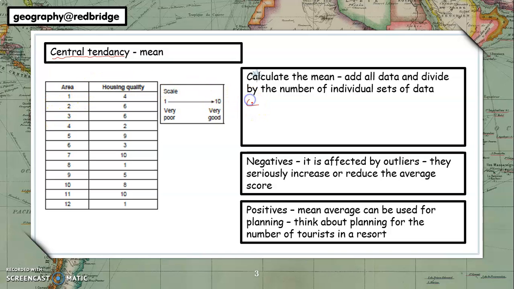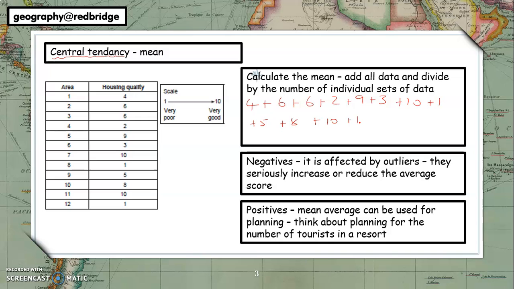We are going to have effectively 4 plus 6 plus 6 plus 2 plus 9 plus 3 plus 10 plus 1 plus 5 plus 8 plus 10 plus 1.